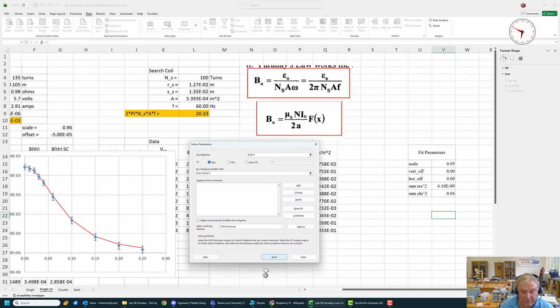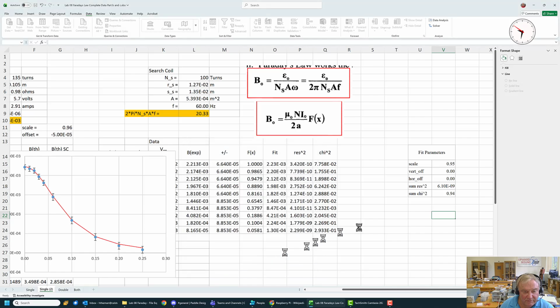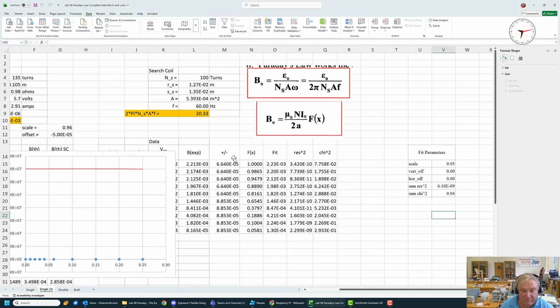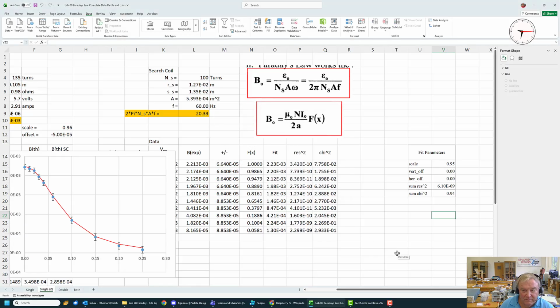Okay, let's cross our fingers. So it failed. Okay, so we don't click, well, maybe cancel, but if you said OK, the undo button doesn't work. So we want to say now restore original values.